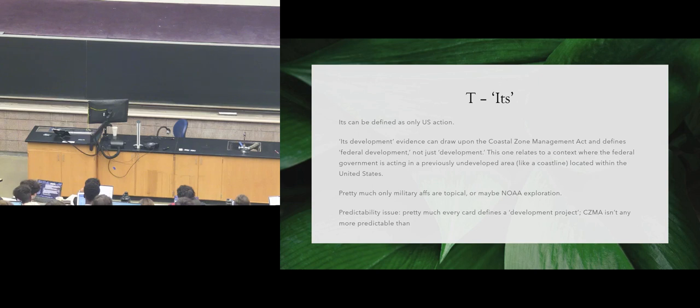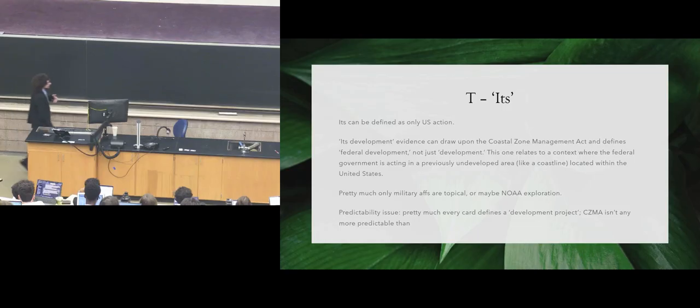And if that's excluded, not only does this mean the AF has way less ground available to it, it also means all of those things become potential counterplans that can set up negative arguments. So the definition of its is a very important one. It is unfortunate that the term its is not really defined in the context of the Arctic.